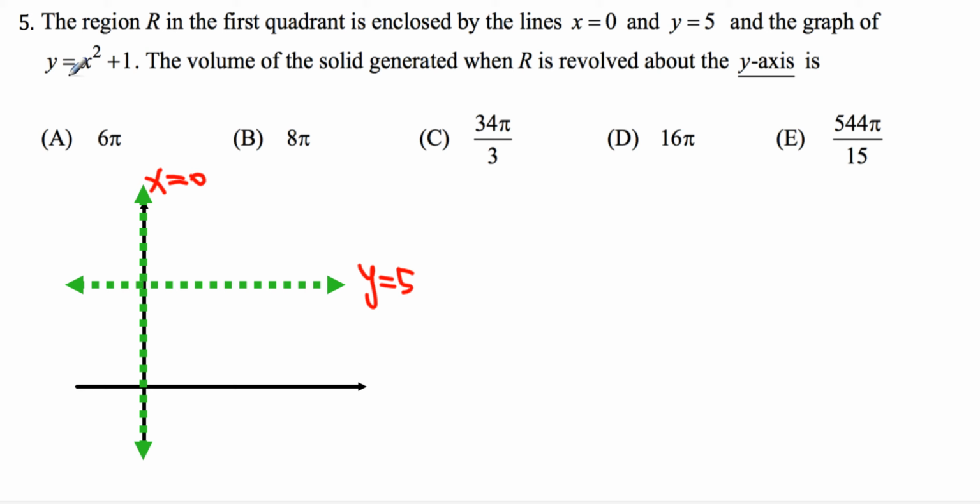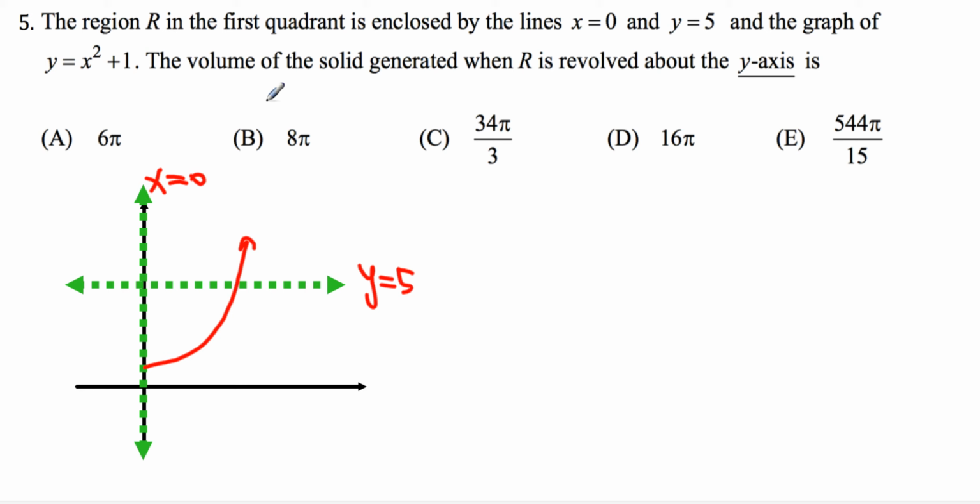And then the graph of y equals x squared plus 1 would have been going up this way. Of course, we have this left side, but I just erased that because we're only looking at this quadrant right over here in the first quadrant.